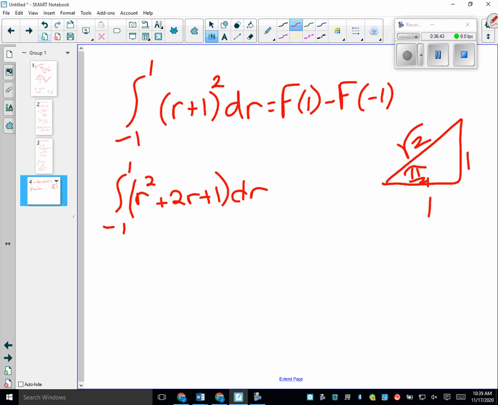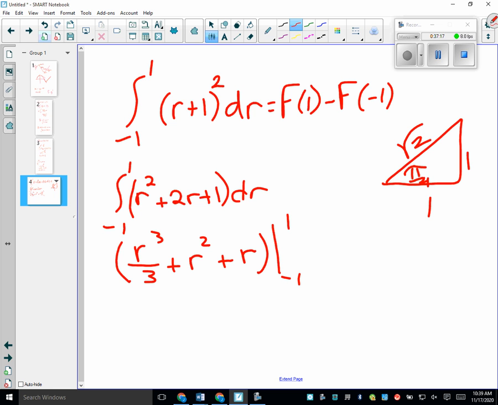Right? So what's the antiderivative of r squared? R cubed over 3. What's the antiderivative of 2r? R squared. What's the antiderivative of 1? R, from negative 1 to 1.